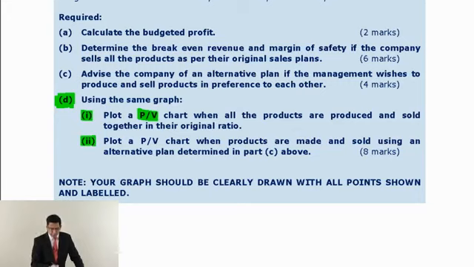And number 2, using the same graph, plot a profit volume chart when products are made and sold using an alternative plan determined in part C. Okay, remember in part C we determined the alternative plan on the basis of ranking. Okay, this is what we need to draw. Note, your graph should be clearly drawn with all points shown and labeled. Okay, labeling is very important in the graphs, whether this one, linear programming, etc.